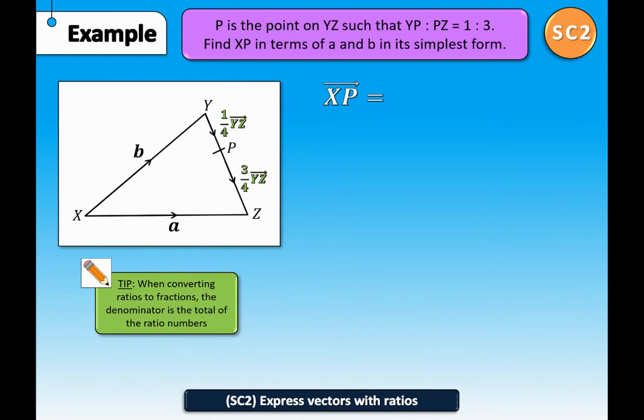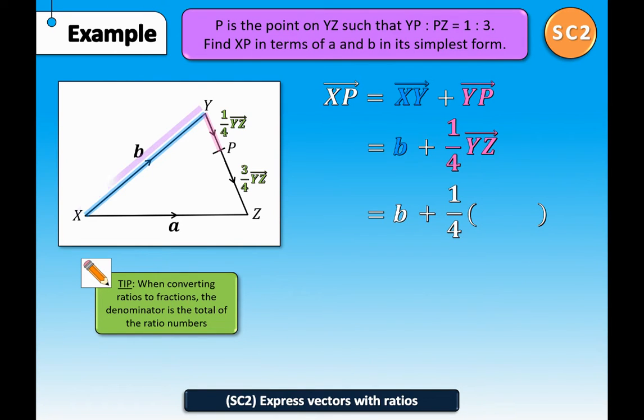So if we want to go from X to P, we can go from X to Y, and then from Y to P. X to Y is just B, and Y to P is 1/4 of Y to Z. So we need to work out what Y to Z is.